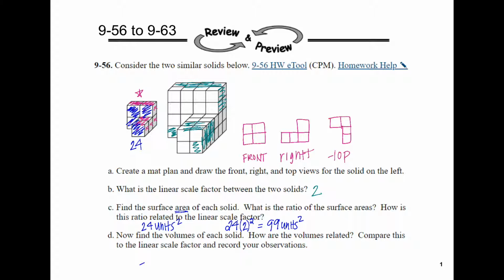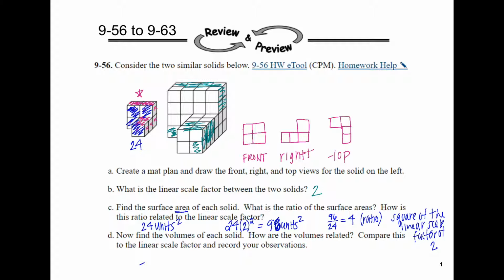When we look at our ratio, if we put 96 over 24, we get a ratio of 4. And that is simply the square of the linear scale factor of 2.